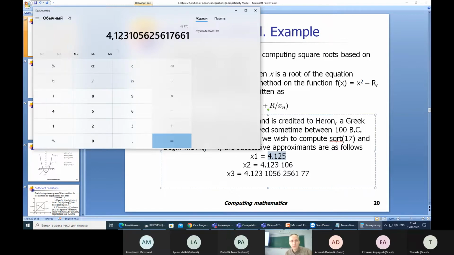The real value is 4.1231056. So just two steps of the method and we get the result that is very, very close to the actual.